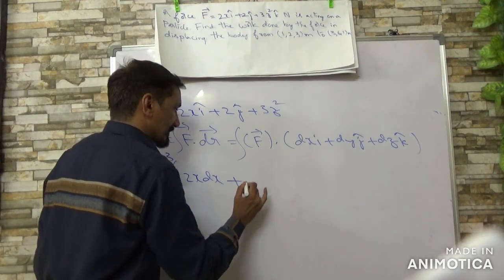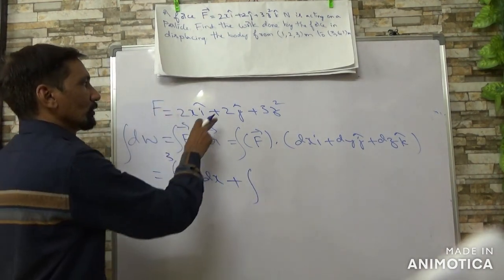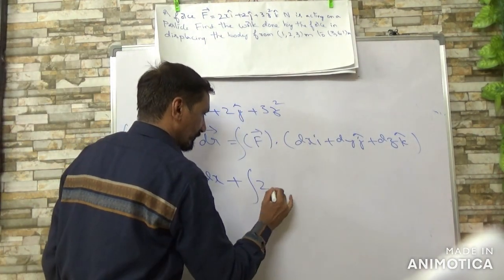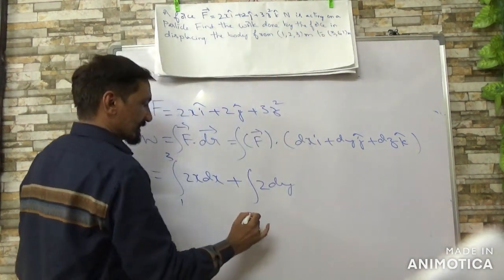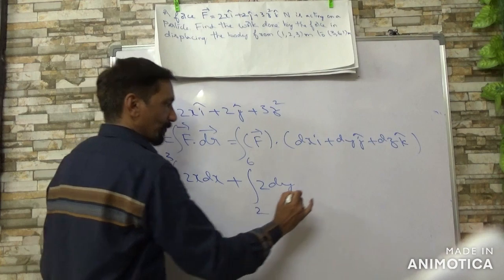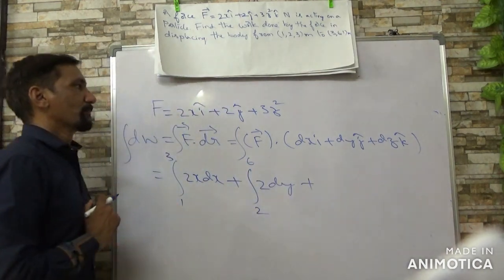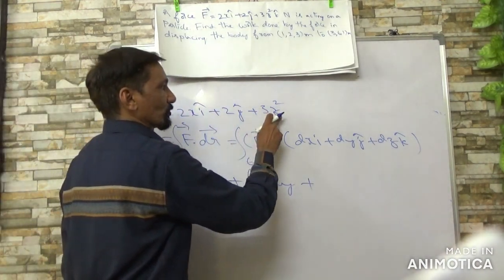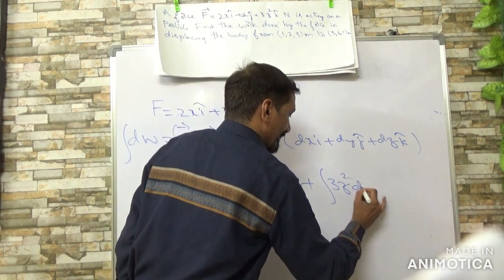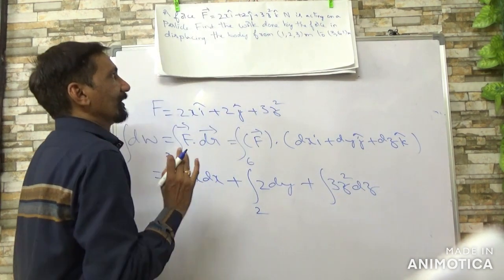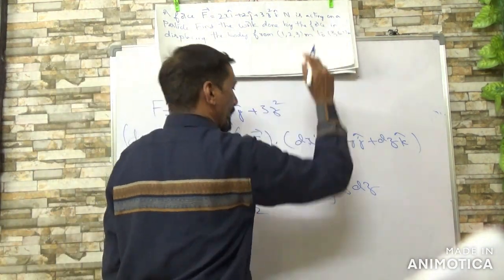Plus second one, 2 dy, y limits 2 to 6. Plus next one, 3z square, so integral 3z square dz, limits 3 to 1.